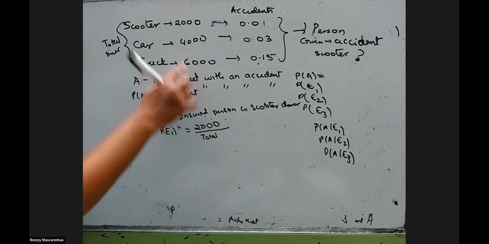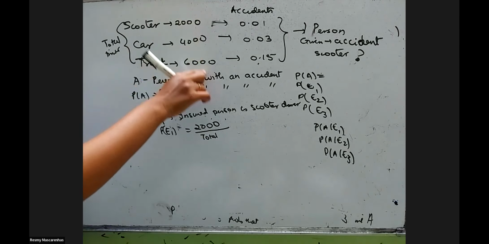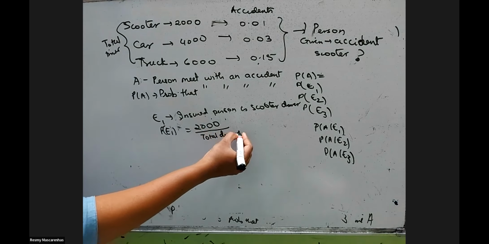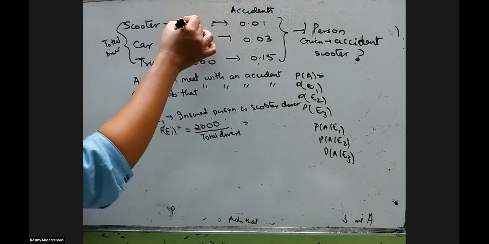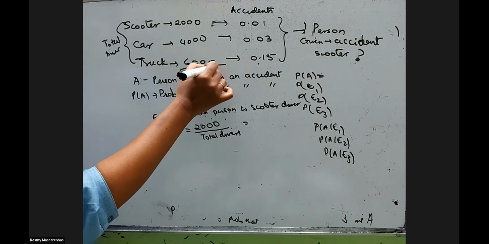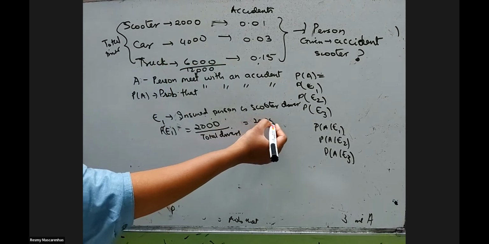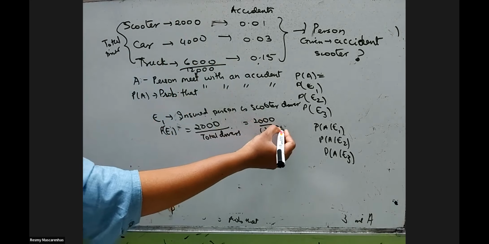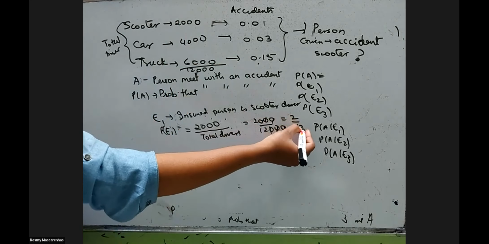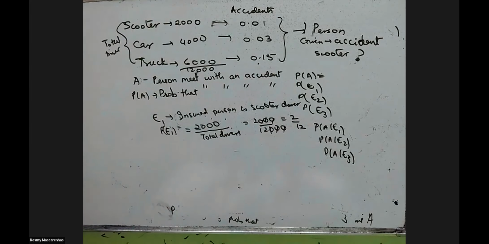What are the chances of it being a scooter driver out of all the drivers? The first thing, it is 2000 insured out of total drivers. So total drivers is how much? 12,000. So just leave it as 2 upon 12, don't change. Keep it as 2 upon 12 only.